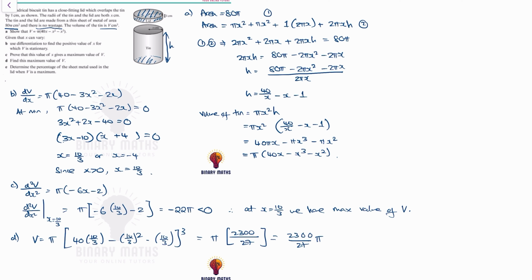It was measured in centimeters cubed, so centimeters cubed.